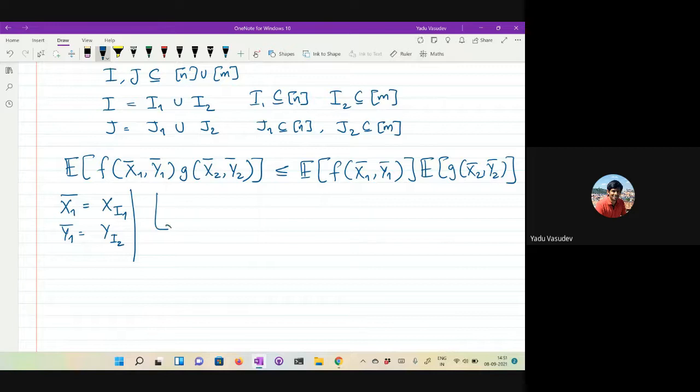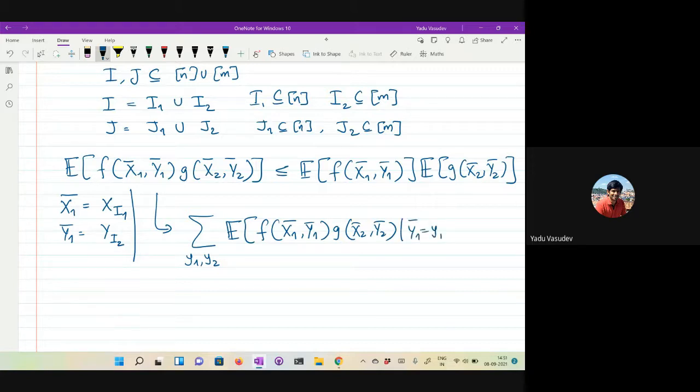This expectation, I can write it as a sum over all these y1 and y2s, where I take the expected value of f of x1 bar, y1 bar, g of x2 bar, y2 bar, conditioned on the fact that y1 bar is this string y1 and y2 bar is a string y2, times the probability that y1 bar is equal to y1 and y2 bar is equal to y2.